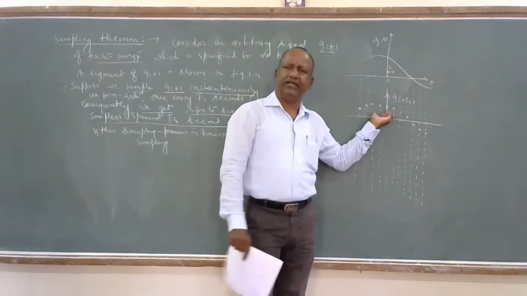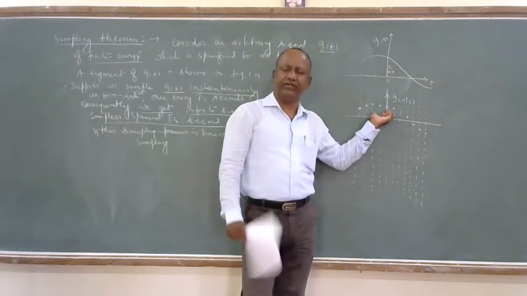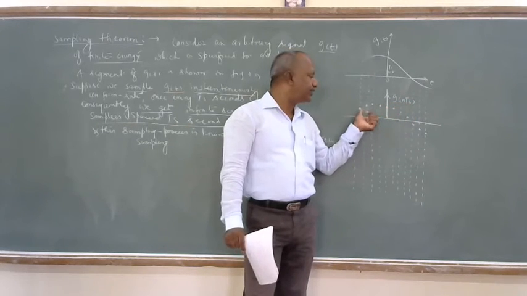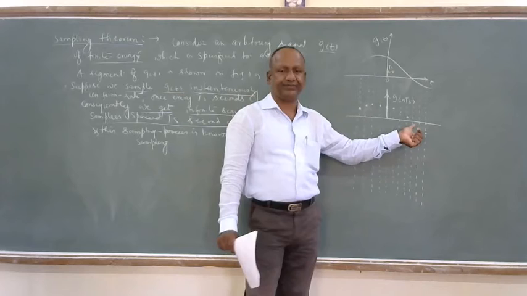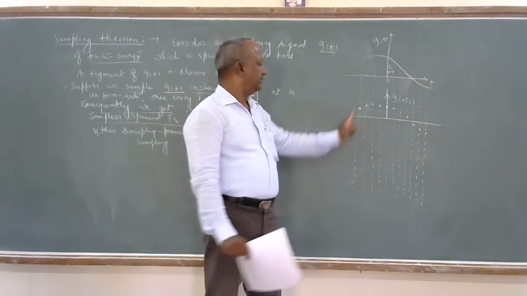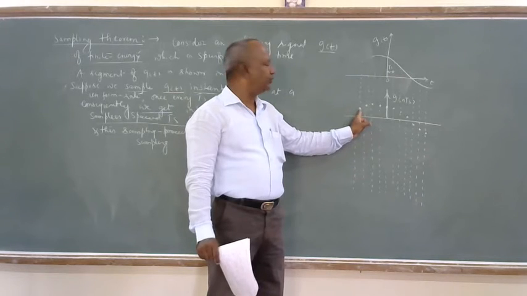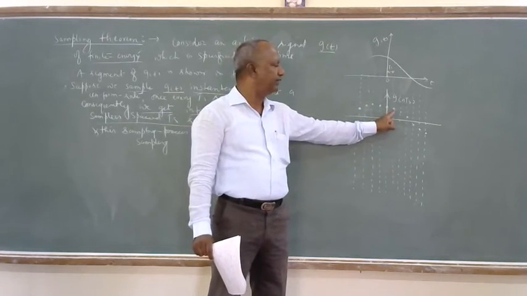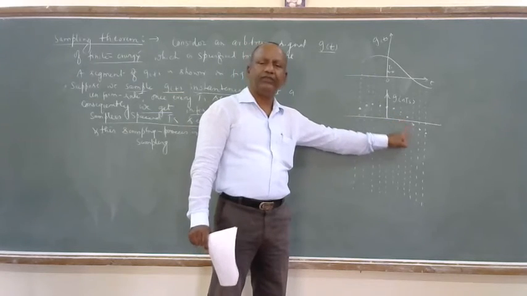Basically, is it a signal? Or what actually is it? Basically, g of nts is a sequence of sample values. It is simply a number. Maybe it is 2.2, 2.3, 2.4, 2.3, or some numbers I am getting.